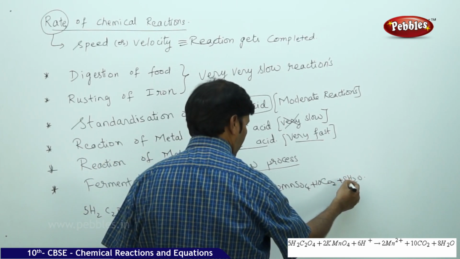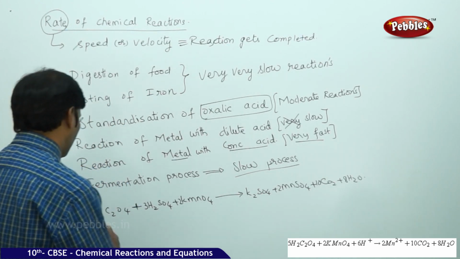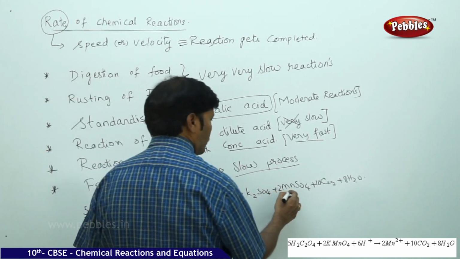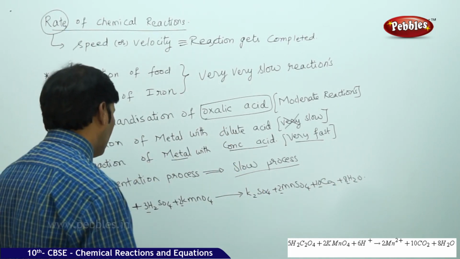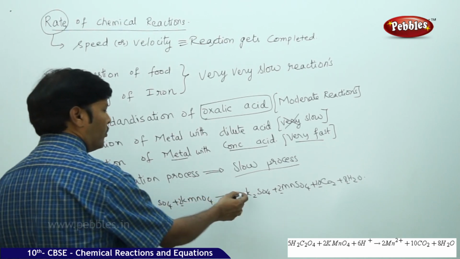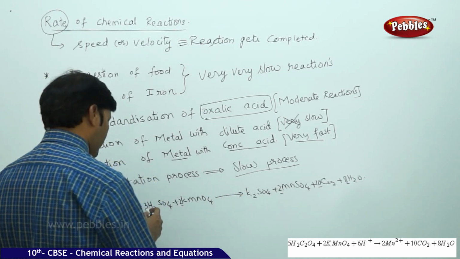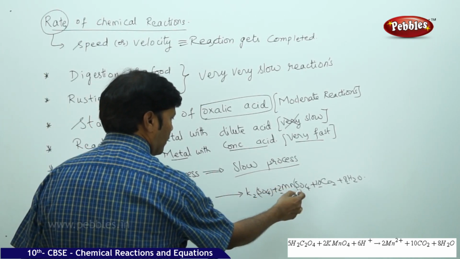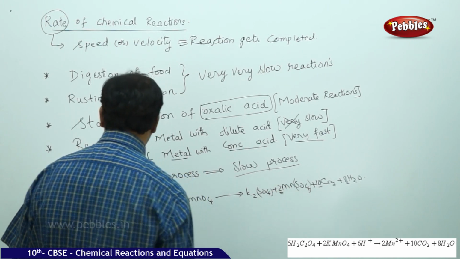If I take 8 water molecules, then with the molar coefficients 5, 3, 2, 2, 10 and 8, the reaction is already balanced, because we have 2 potassiums and 2 potassiums, 2 manganese and 2 manganese, and 3 sulfates, 1 sulfate here and another 2 into sulfate, so 3 sulfates are balanced.